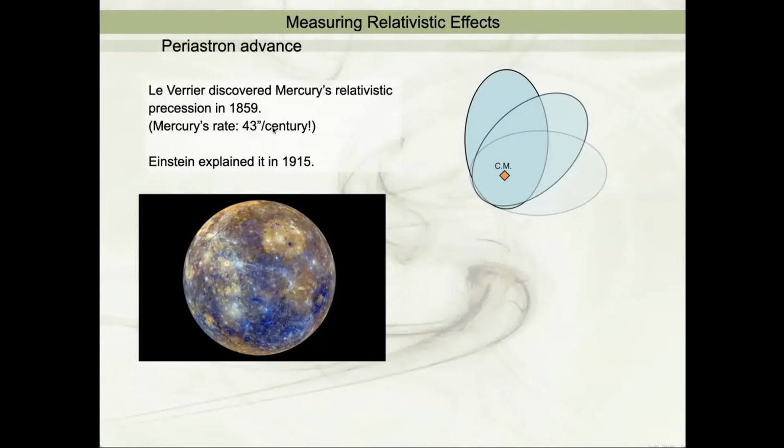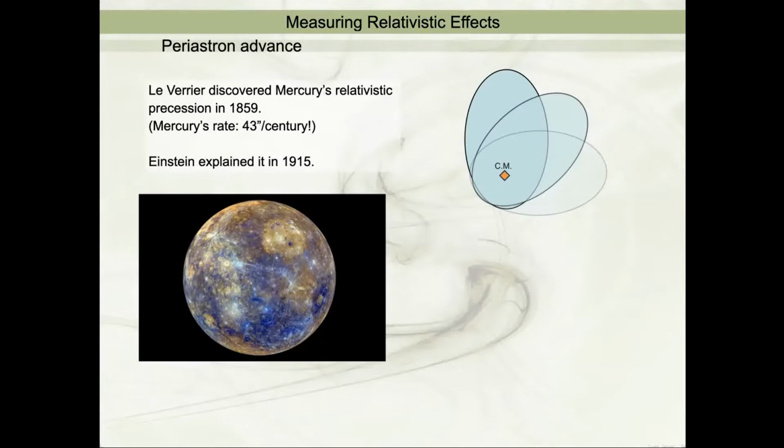And for Mercury, it's very tiny. Basically, over 100 years, it drifts by 43 arc seconds. There are 60 arc seconds in 1 arc minute and 60 arc minutes in a degree.